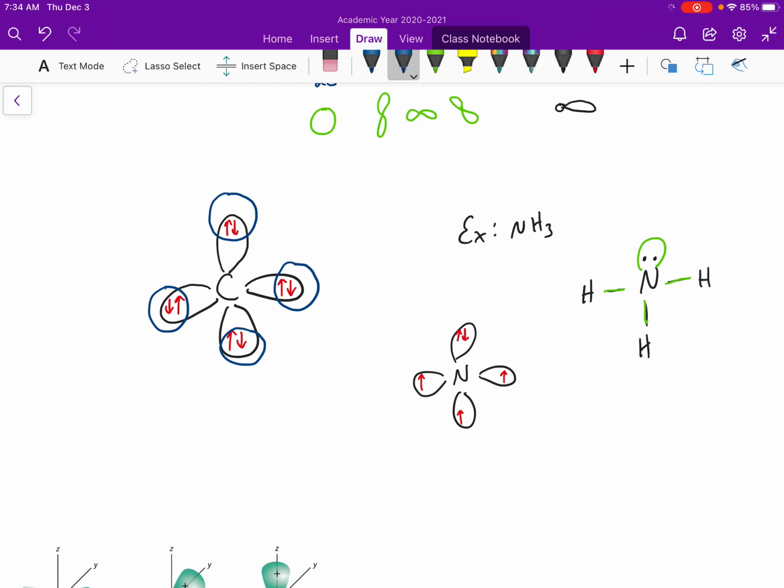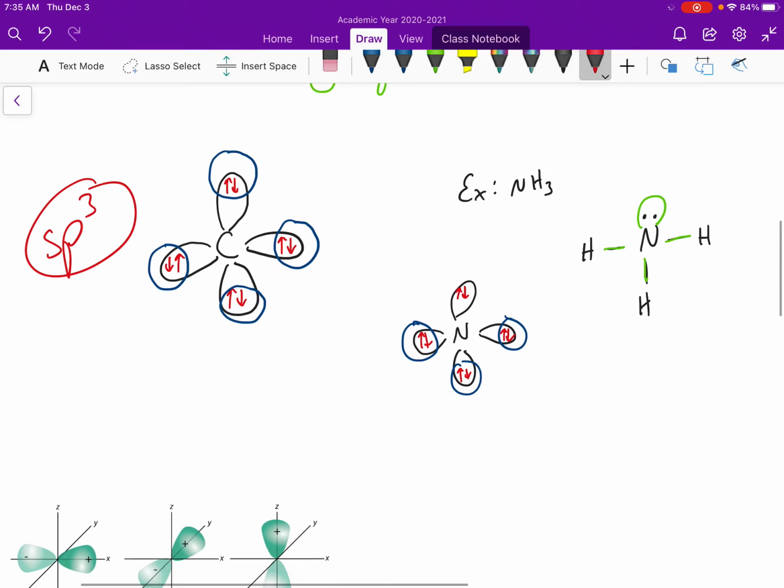And then the hydrogens would come in, overlap, and put their other electron in, like that. We get the same shape, okay? So this is called sp3 hybridization, and that's when you have 4 zones of electrons around the central atom. So if you have 4 zones, you need 4 hybrid orbitals, therefore sp3.